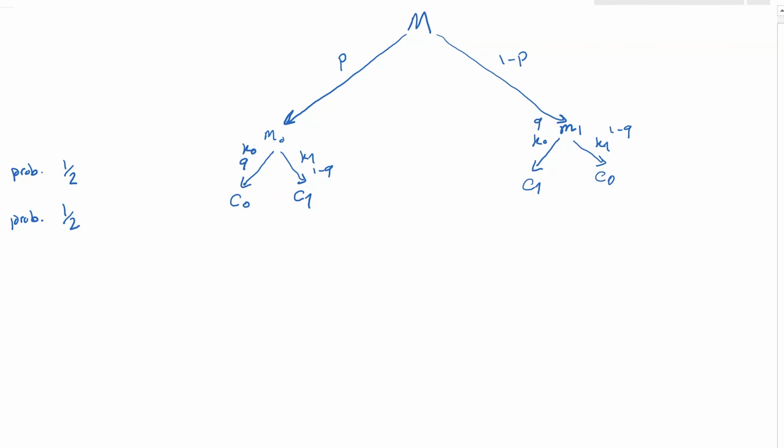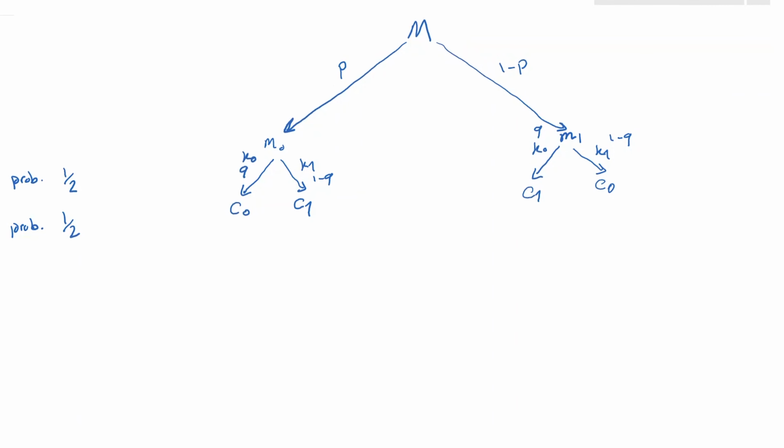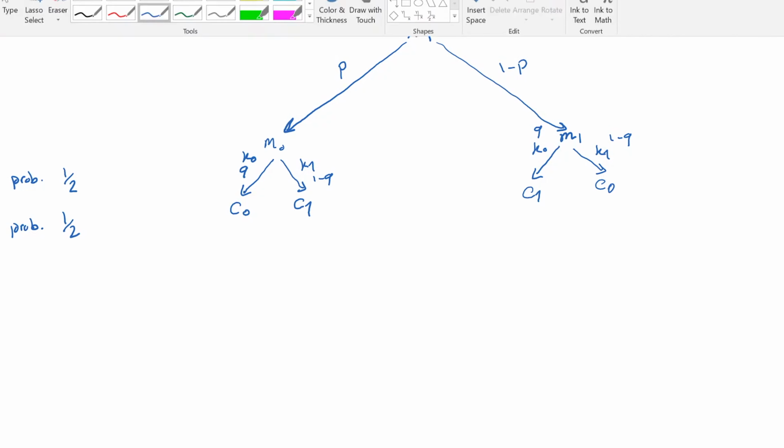But right now we have perfect secrecy, so no matter how large the message space and the key space are, the adversary has no problem plotting this entire computational tree. That's why we say that our adversary has unlimited computational power.